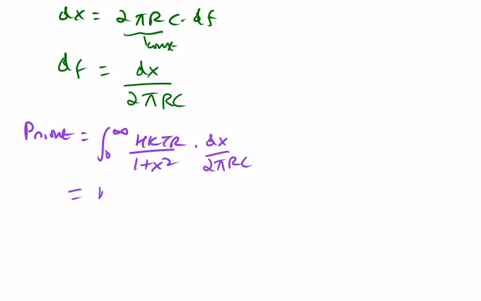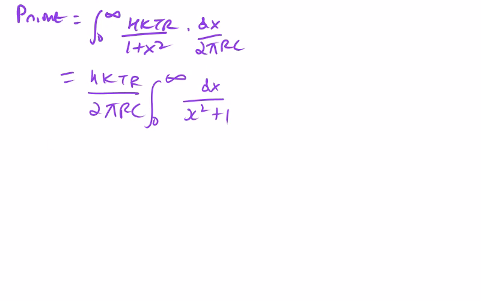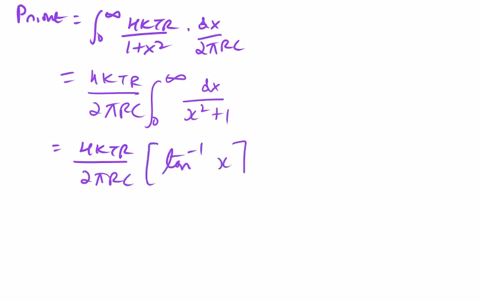That is equal to 4kTR divided by 2 pi RC, which is a constant, times the integration from 0 to infinity of dx divided by x square plus 1. That is nothing but tan inverse of x from 0 to infinity.